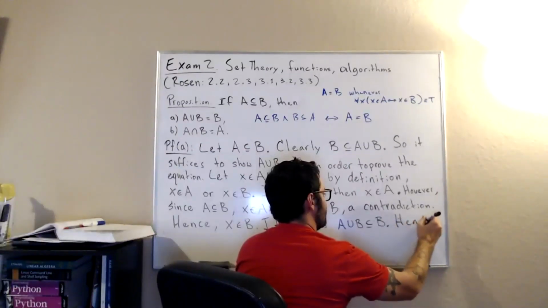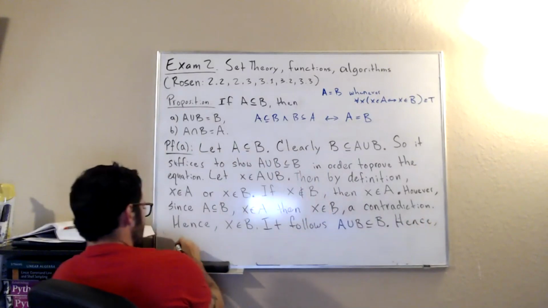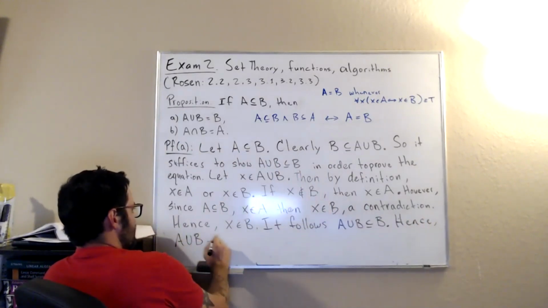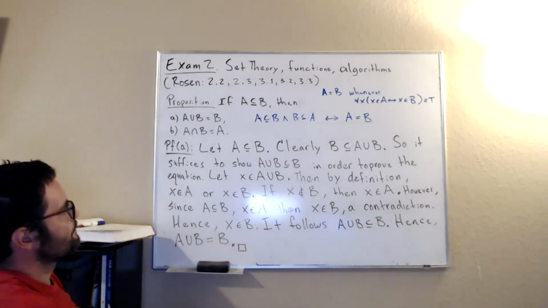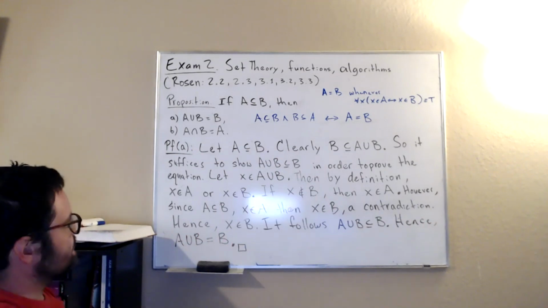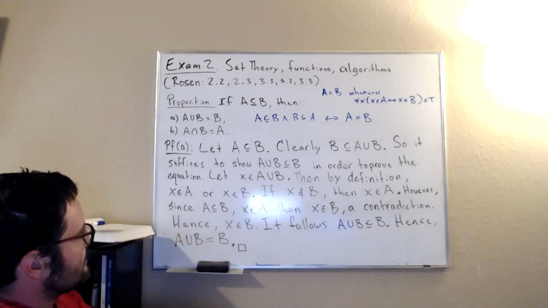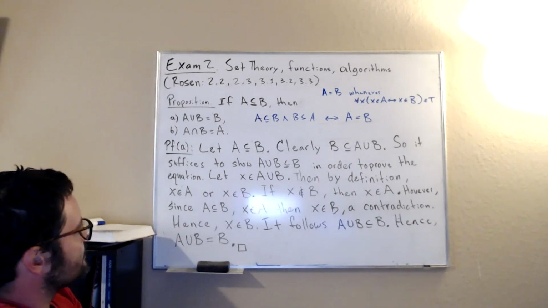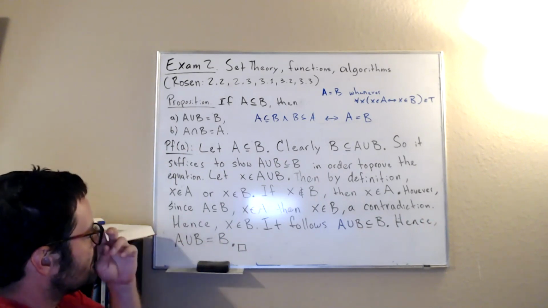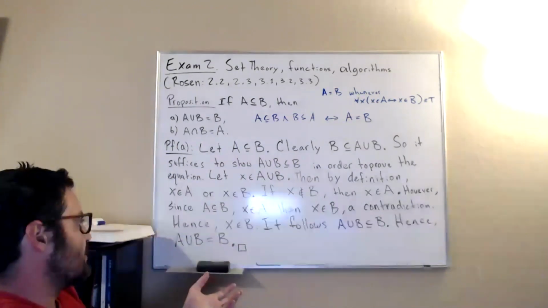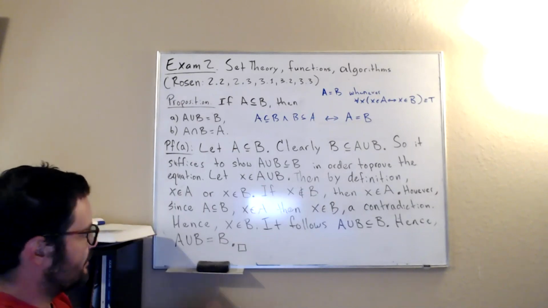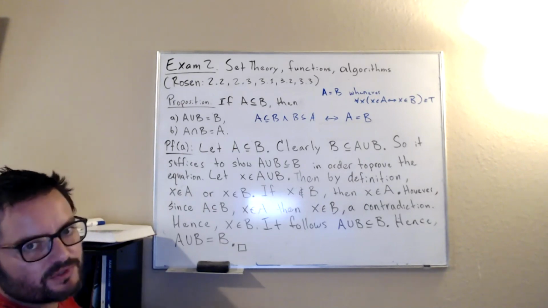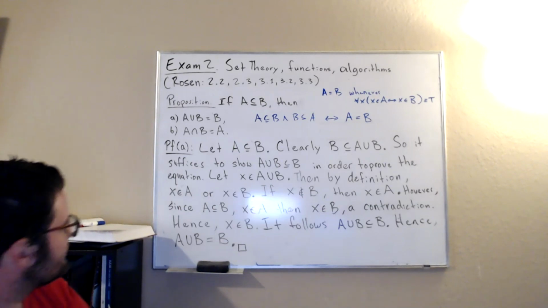Because they're both subsets of each other, hence A union B is equal to B. Okay, so again, I'm trying to make it as clear as possible to the reader. That's the whole goal of proof writing: you write down a proof and then it doesn't look so good, it's not as clear, it might confuse someone, so try writing it again, until you finally decide that if people read it, they'll be able to understand it.